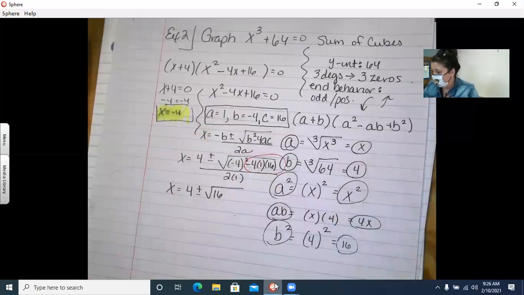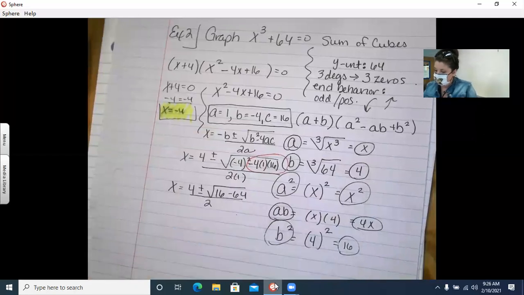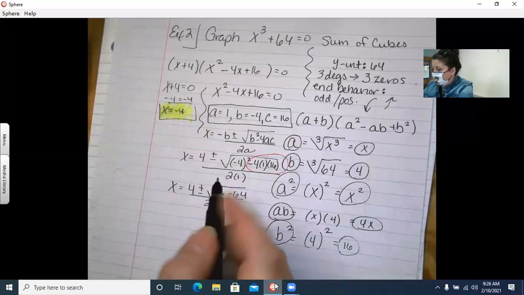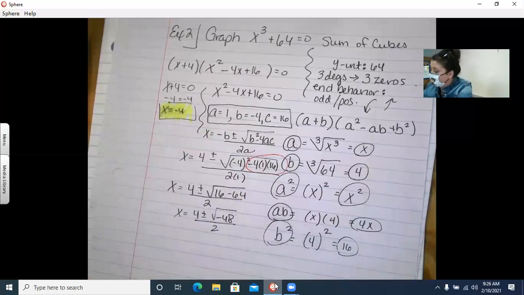Am I going to get 2 real solutions or 2 imaginary solutions here? Imaginary. Because, right, I'm going to have a negative under the radical sign. So that means I'm going to get 2 imaginary solutions here.